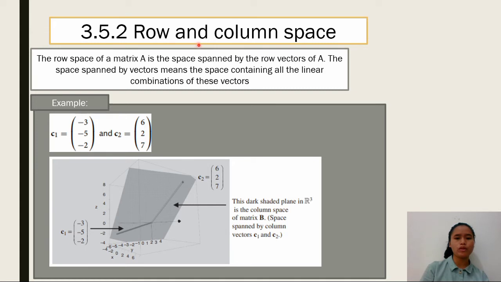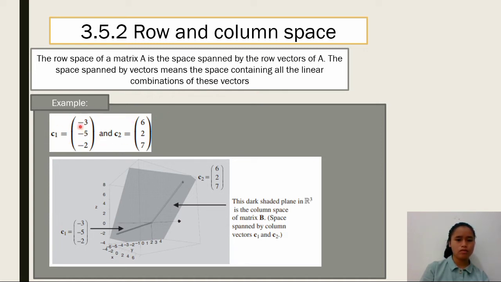3.5.2 row and column space. The row space of the matrix A is the space spanned by the row vectors of A. The space spanned by vectors means the space containing all the linear combinations of these vectors.